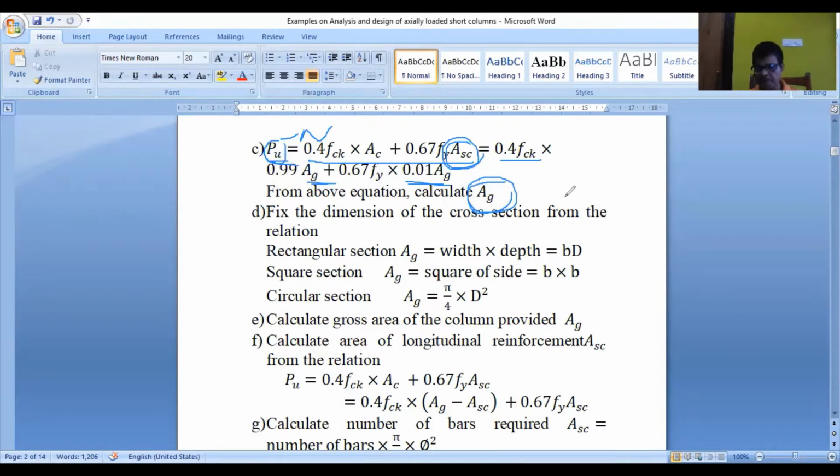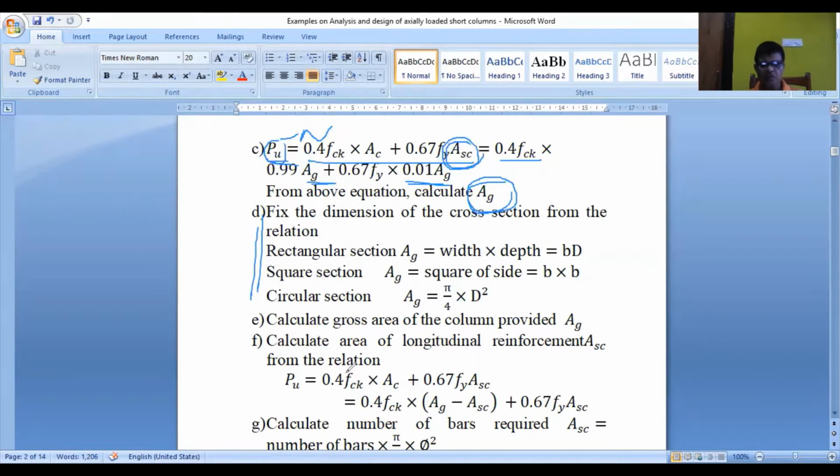And whatever value you get from this equation, take a higher value and make it a round figure, so that the section cannot be like 323 multiplied by 429. It should be a round figure, so that measurement will also be proper in the field during construction. Accordingly, you can fix the dimensions of this section, whether it is rectangular or square or circular.